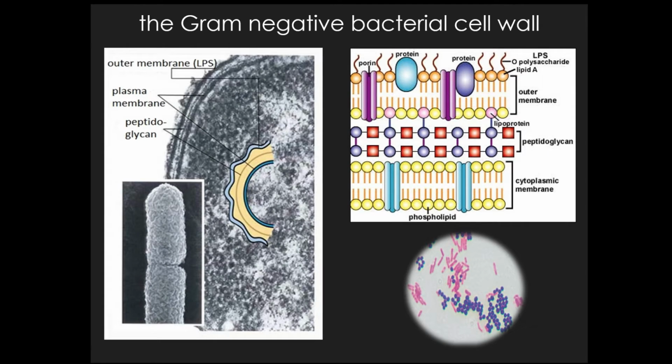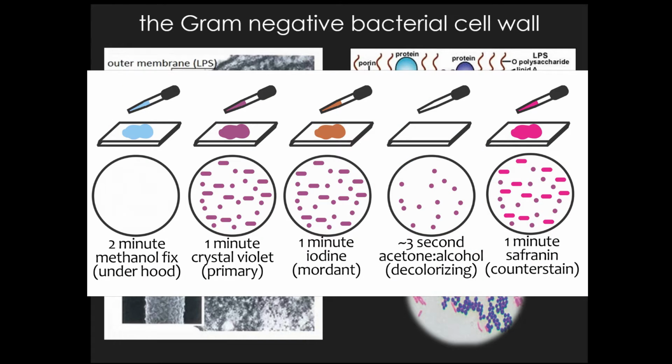When a cell has very little peptidoglycan, it is stained purple during the gram stain procedure, but then during the destaining procedure, that cell is decolorized, and then has to be counterstained with this pink stain, safranin, that is not washed out of the cell. And the reason that works is because that very thin layer of peptidoglycan can't retain the primary stain.